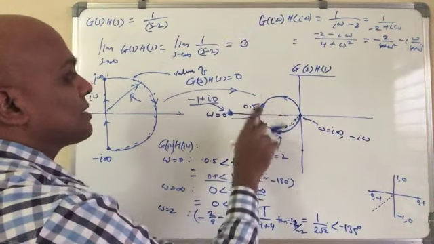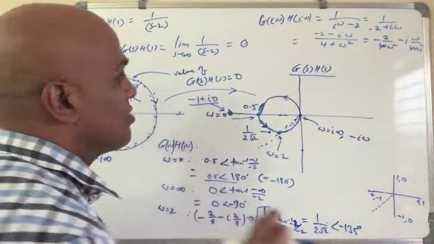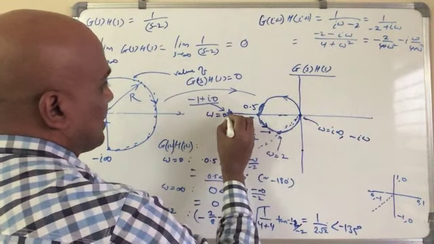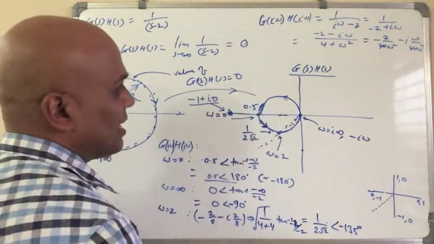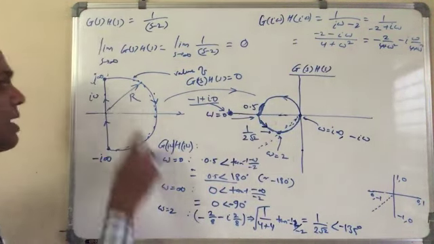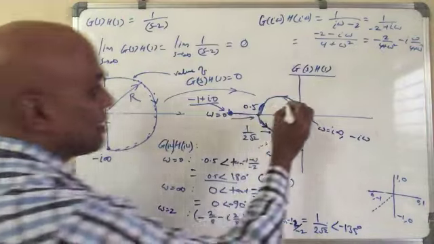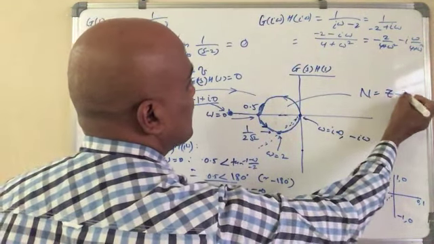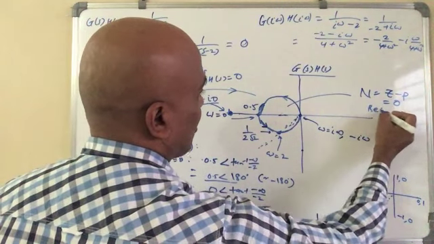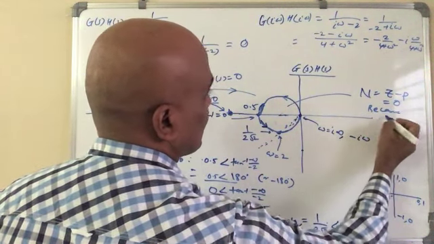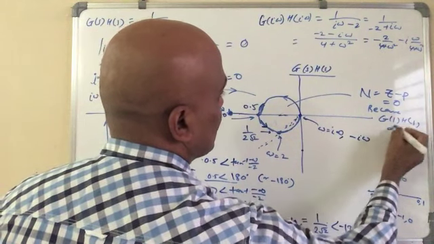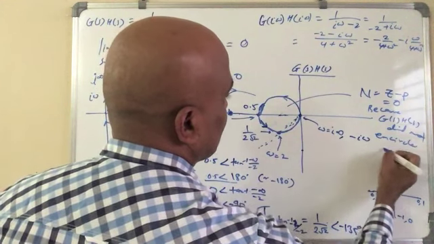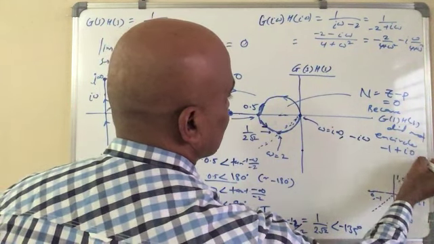First of all, anti-clockwise we understand, but this point is not inside that, and hence it simply tells you n equal to Z minus P equal to 0, because GSHS did not encircle minus 1 plus I0.